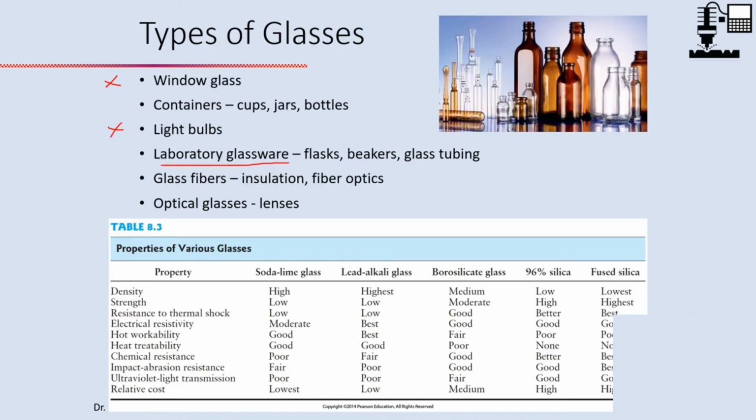Glass fiber is used for insulation and fiber optics, and we have optical glasses. Their properties are summarized here. For example, the density of the lime glass, its strength, electrical resistivity, heat treatability, as well as the cost are summarized in this table.